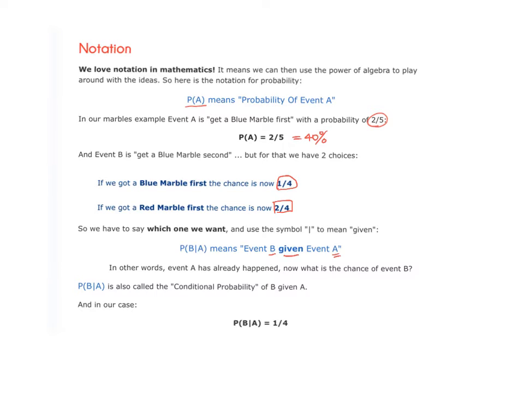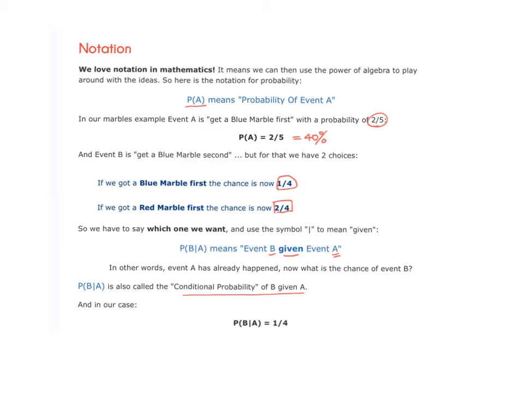In other words, event A has to happen first. Now what are the chances for B to happen? So probability of event B given A is also called the conditional probability of B given A. And in our case, the probability of selecting 2 marbles given the event that the first marble was already a blue is 1/4.